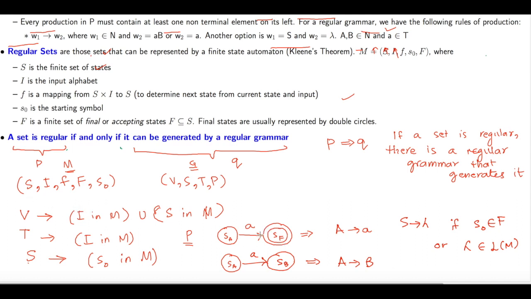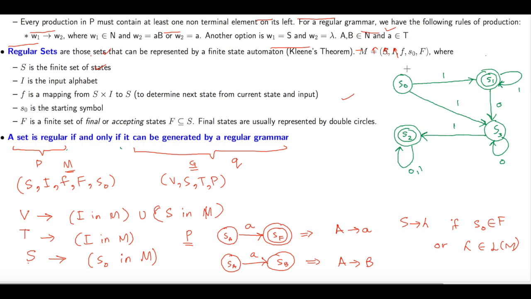Okay, so we have this machine here and this is my starting state. We have to find a grammar that generates the same language as this. We will use the same rules. So what is our V? Let's say we have a symbol A which corresponds to this state, a symbol B that corresponds to this, and a symbol C that corresponds to this state.